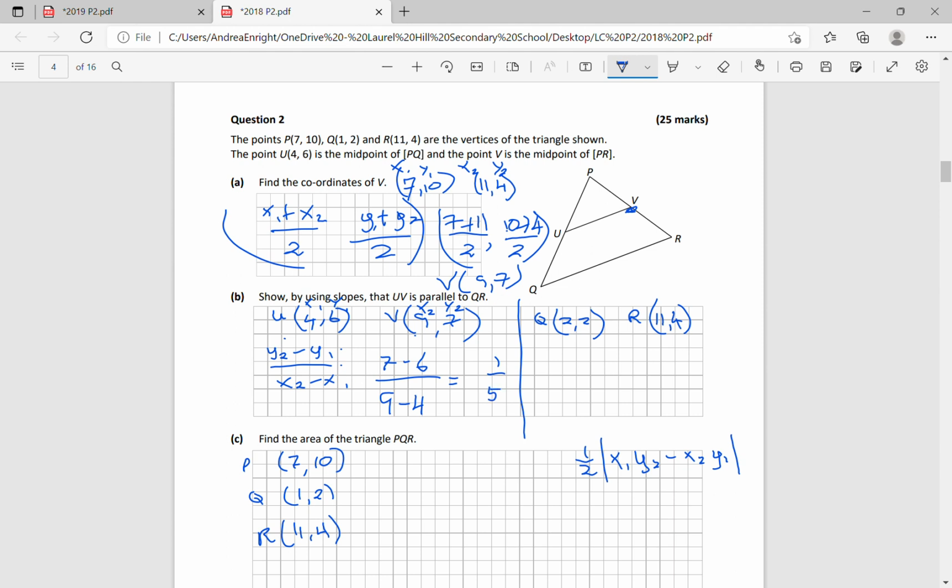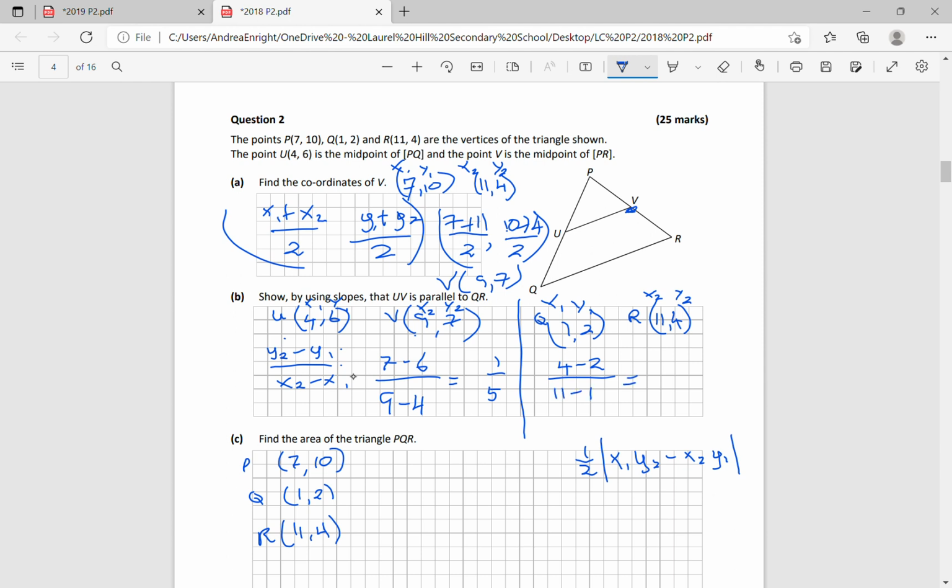Okay, and then you do the exact same with Q and R. Sorry, I think Q is 1, 2. Right, so that's 1, 2. So it's x1, y1, x2, y2, and you fill in the slope formula again, which is y2 minus y1 all over x2 minus x1.